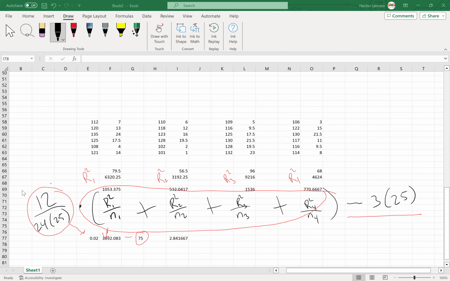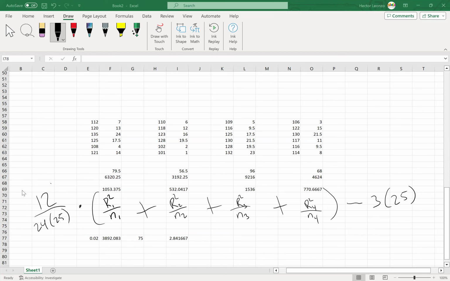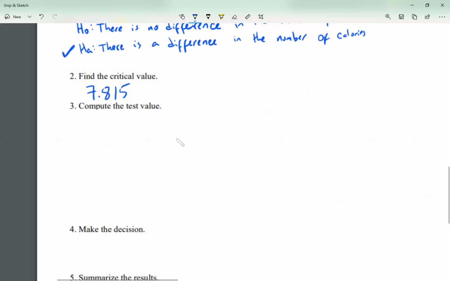Clear all this. So my test value is going to be 2.842.